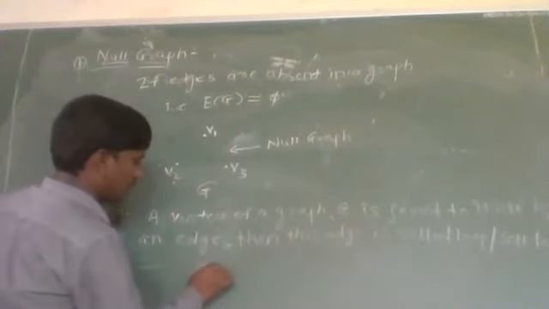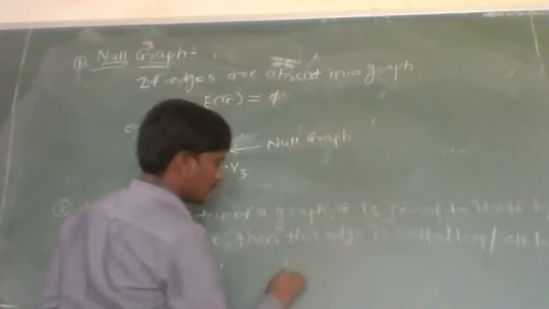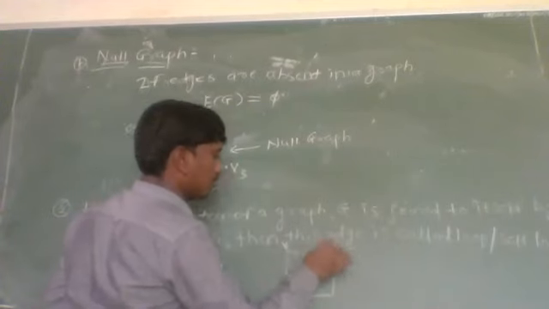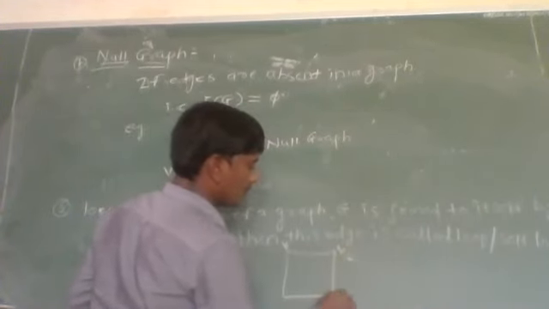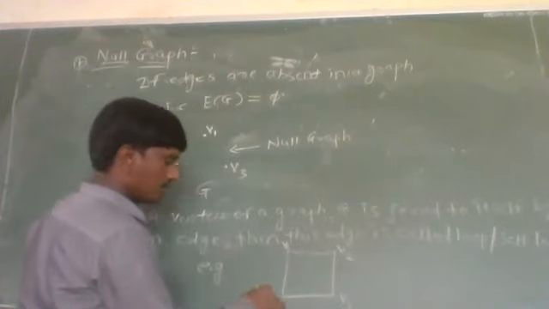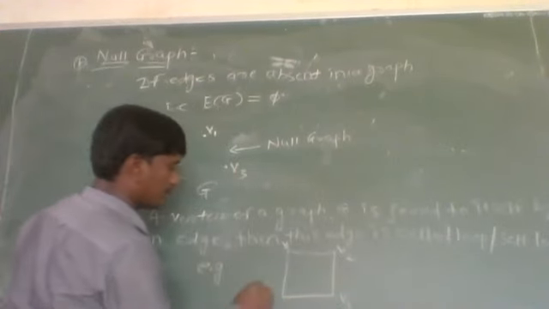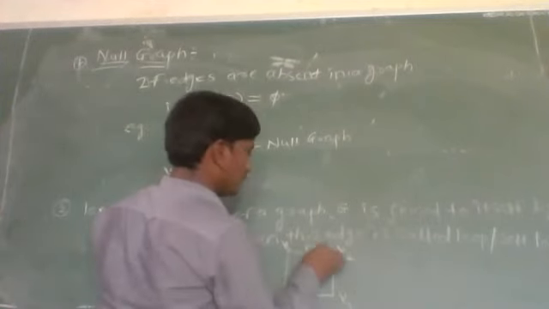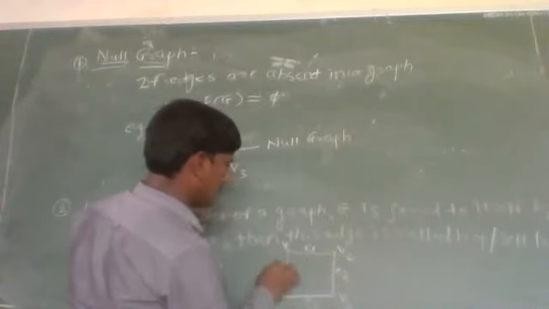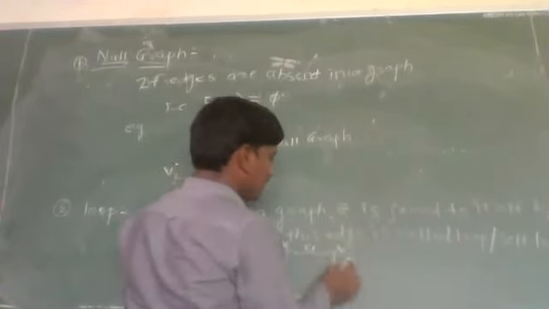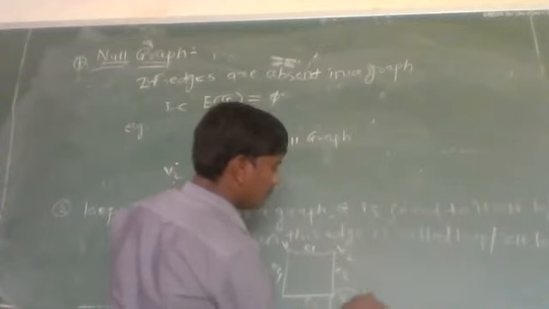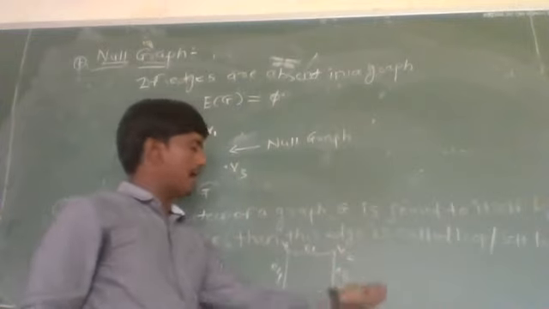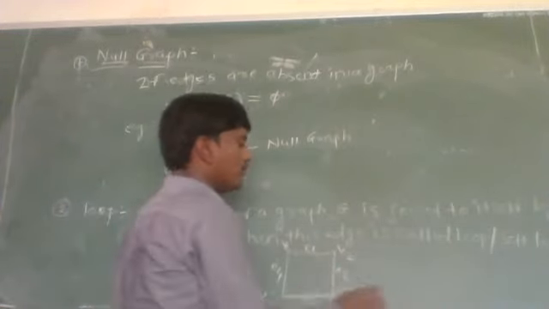For example, suppose this graph has four vertices V1, V2, V3 and V4, with edges E1, E2, E3 and E4. Here is one edge E5 which joins vertex V3 to itself. Then this edge E5 is called a self loop.